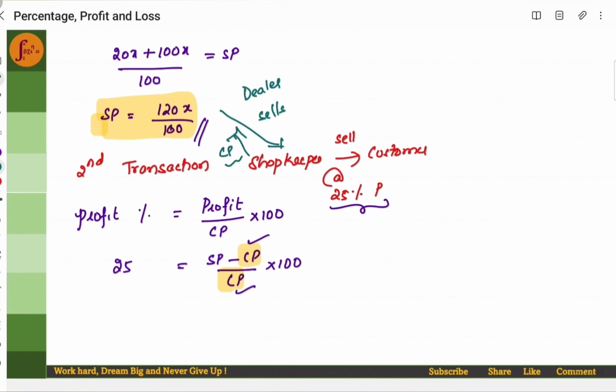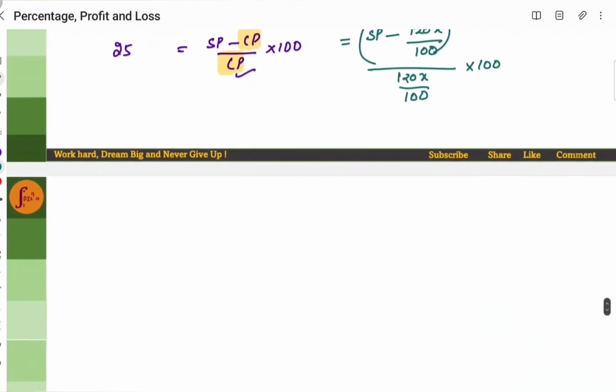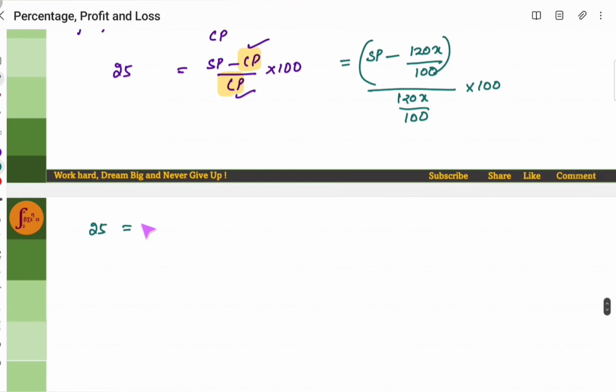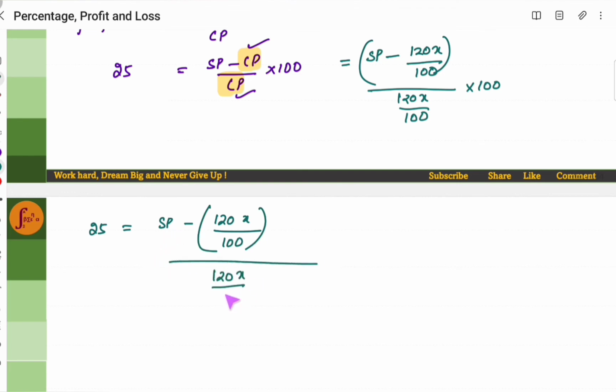So now instead of cost price, I'll put this 120x by 100. And the cost price is the same thing, 120x by 100 into 100. Right? This is what I'll use. Now let's calculate this. 25 is equal to SP minus 120x by 100, by 100 into 100.